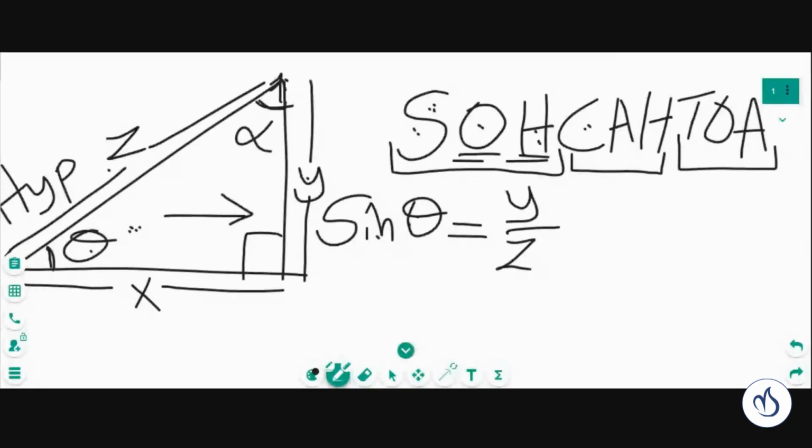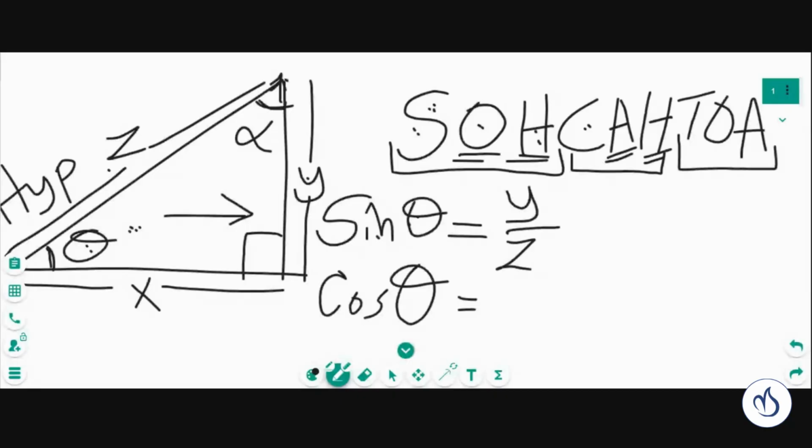Cos is for the cosine of the angle, which we just write as cos. So cos of the angle, which angle? We are dealing with angle theta. The cosine of angle theta is given by its adjacent divided by the hypotenuse.